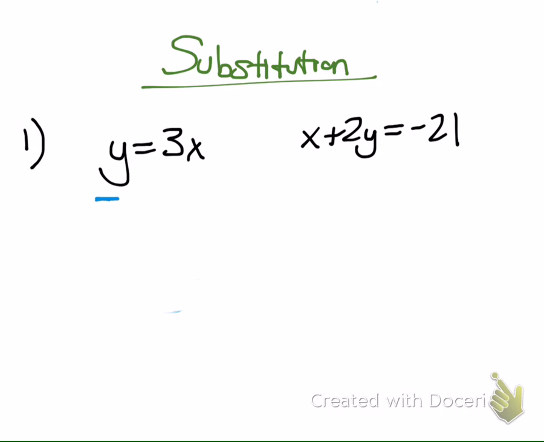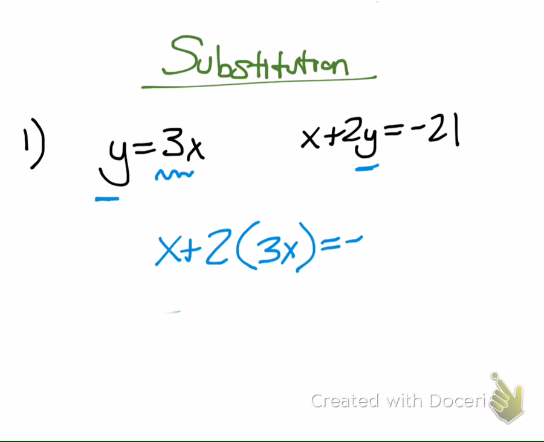So I know that y is equal to 3x, right? That's what this part of the problem is telling me. So since y is equal to 3x, I can replace y in the other equation with 3x. And then I can simplify to solve for x. So in the other equation, I'm going to write x plus, and in place of y, I'm going to put what it's equal to, which is 3x.